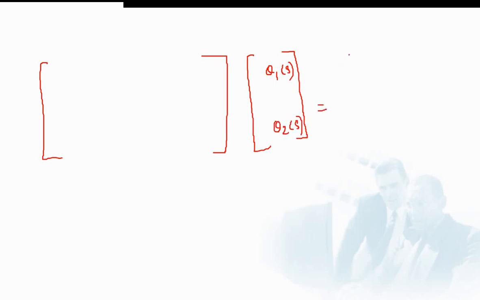So, first draw a matrix and this will be theta 1 of s and theta 2 of s, and the output it will be torque is applied to only first moment of inertia. So, T of s and corresponding to next moment of inertia, that is J2, there is no direct torque applied, so it is 0.